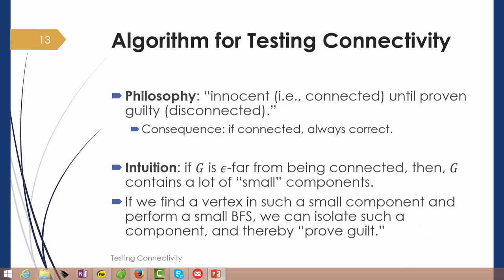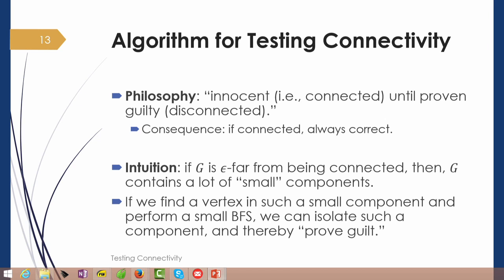The main philosophy behind our algorithm is the following. We're going to assume the sort of innocent until proven guilty paradigm of thought, meaning we're going to assume that the graph is connected and we're going to seek evidence that it's not connected. And until we find such evidence, we're going to say that the graph is connected. And only when we do find some evidence of it being not connected will we say that the graph is not connected.